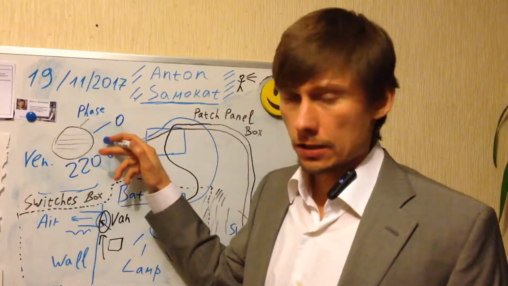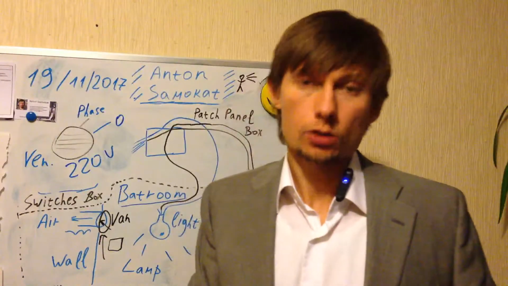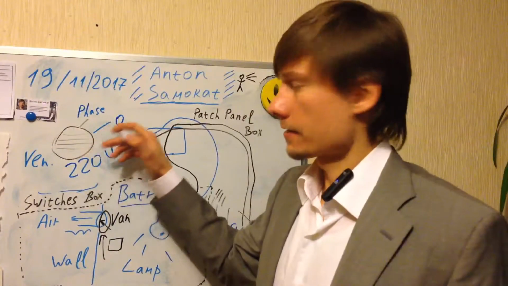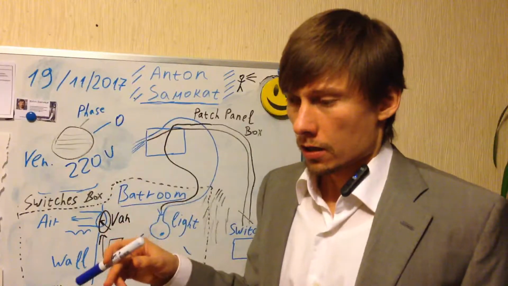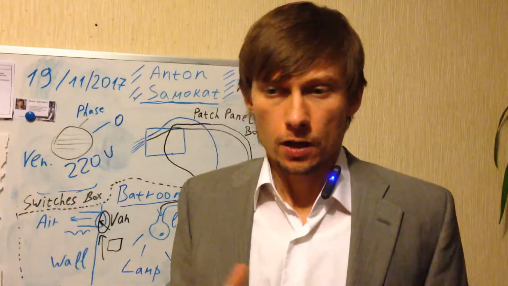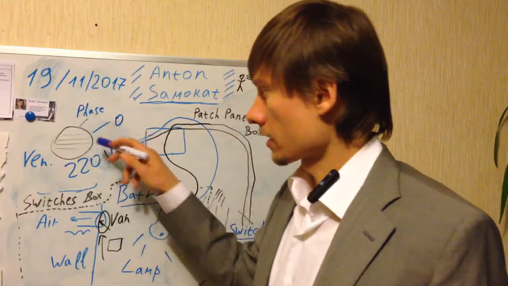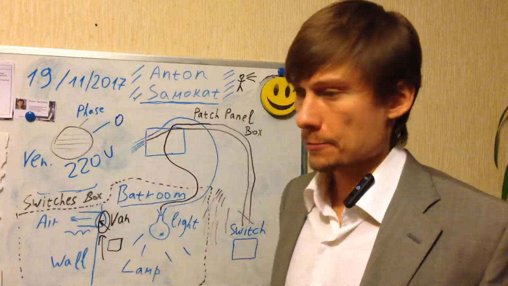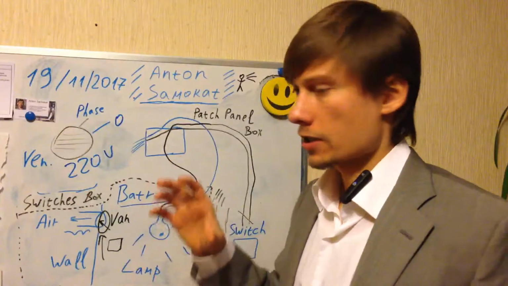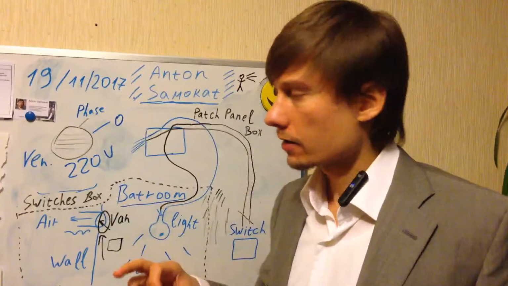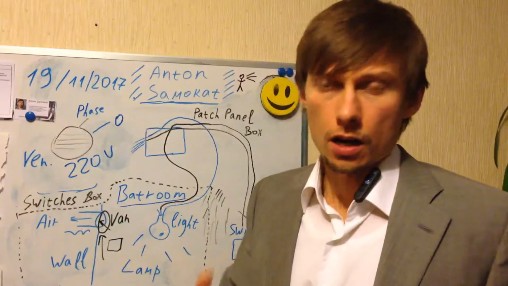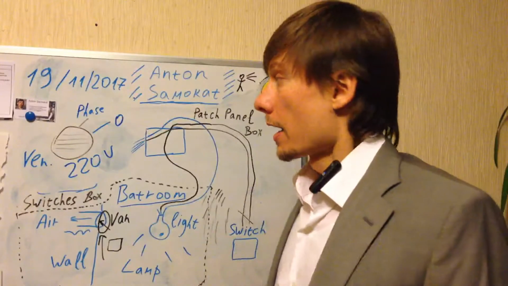In general, as Sergey told me, the blue wire is the zero, and green or yellow is the ground wire, and here it is just two wires, and this kind of ventilator just starts working when the switch is on, and immediately stops working when the switch is off.